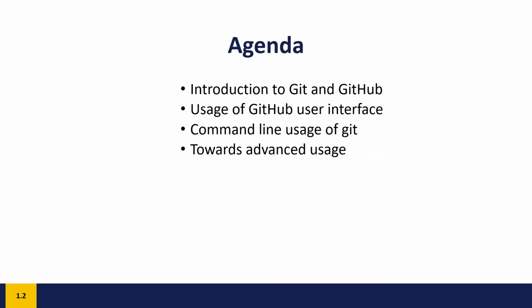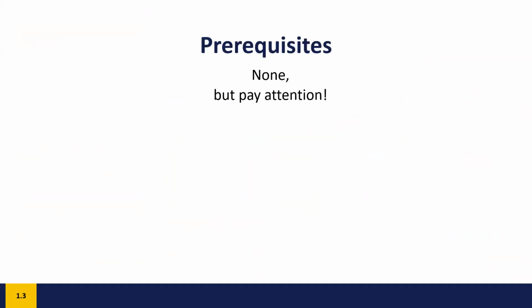So the agenda: introduction to Git and GitHub, uses of Git, user interface, command line usage of Git, towards advanced usage. Prerequisites: none, guys. Everyone can learn this, because nowadays a developer or a QA engineer, anyone in the industry, is using Git to store data.